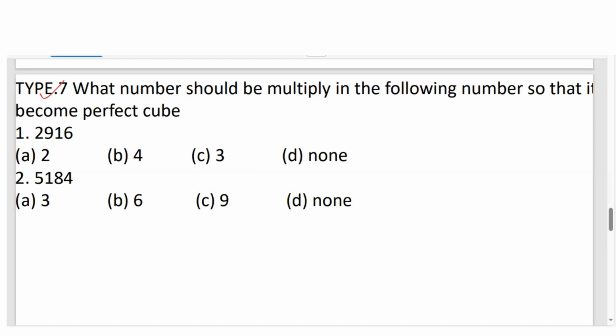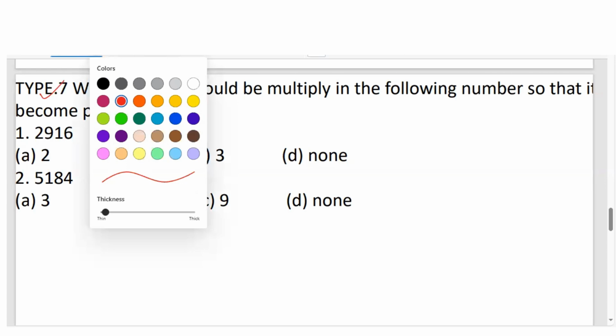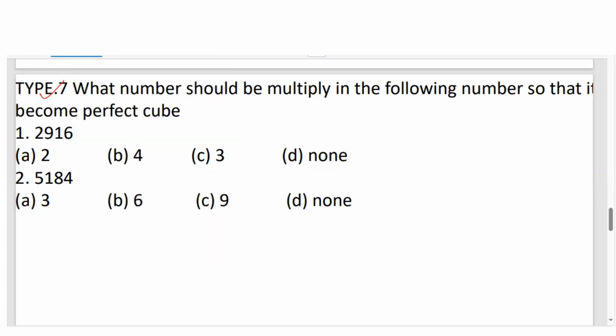So here the question is: what number should be multiplied into the following number so that it becomes a perfect cube? What number do we multiply in the given number so that it becomes a perfect cube?